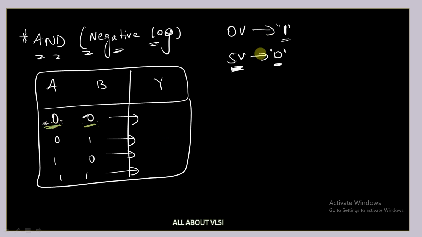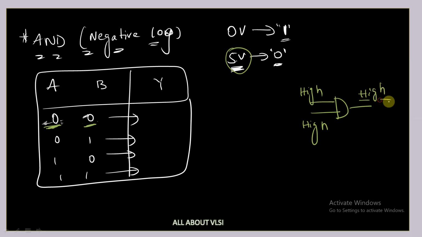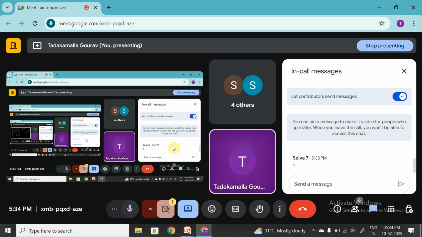This 0 is nothing but your high voltage, and this 0 is nothing but your high voltage. If you apply high voltages to an AND gate, what is your output? You are going to get a high only. Am I right or wrong? Now, you are going to represent this high with 0. So you are going to get 0 here. Is this clear for everyone? Yes or no in the chat box, please.